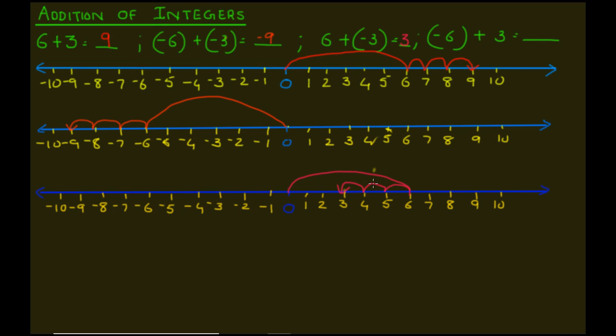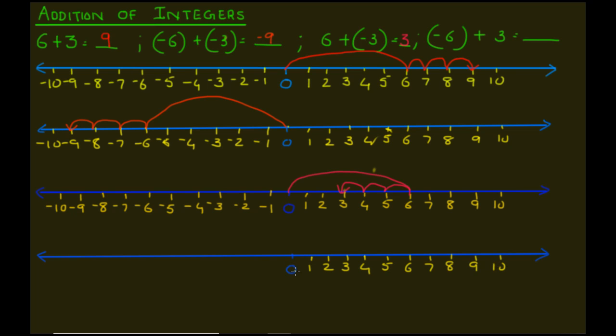What if the first one is negative 6 added to positive 3? So let us try to draw a number line again for the fourth one. As usual, a 0. And we have our positive integers on the right hand of 0: 1, 2, 3, 4, 5, 6, 7, 8, 9, and 10.